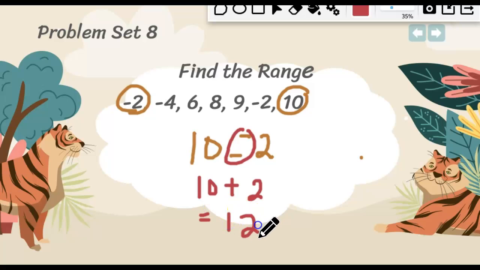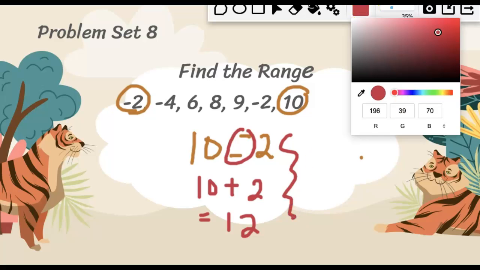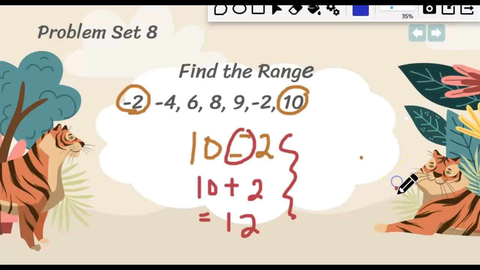But if you really want to follow the rule in subtraction, which is adding the opposite, we could do that. So that's 10 minus -2. We said the rule is we add the opposite. So that's 10, and we're going to add the opposite of -2, so that's +2.